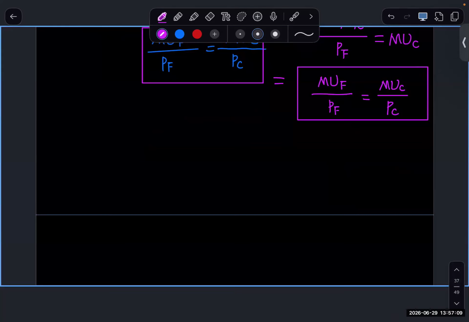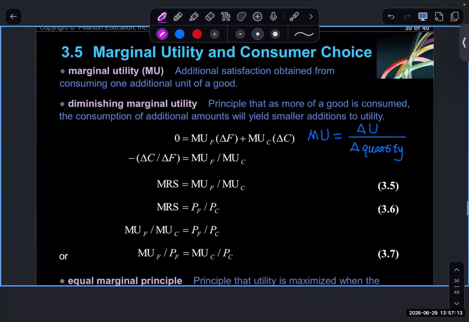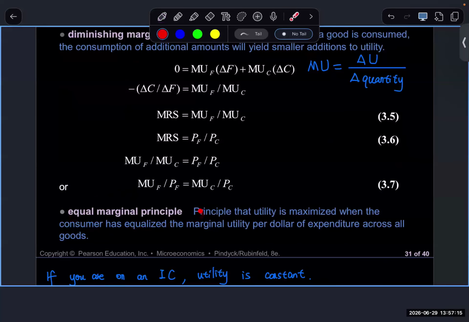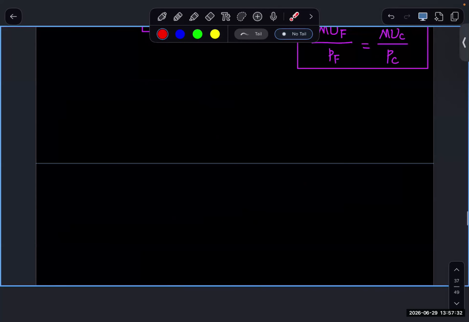Next one. What does it mean here? Check the slide. Equal marginal principle: the principle that utility is maximized when the consumer has equalized the marginal utility per dollar of expenditure across all goods. What does it mean? Okay, so let's see.